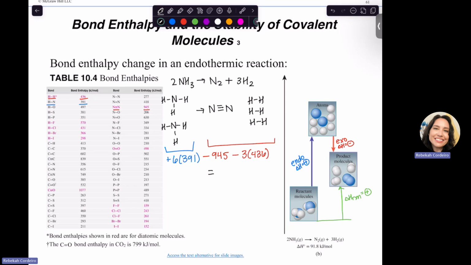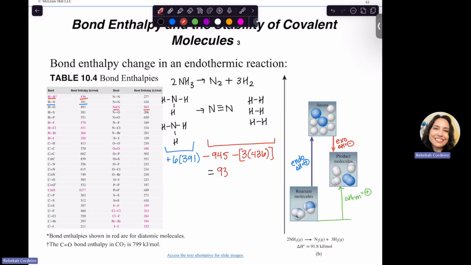So 6 times 391 minus 945 minus, and then I always put parentheses in my calculator when I'm doing anything that I think the calculator might get confused about. I know calculators generally do order of operations, but on a test, I just don't trust myself to type it in correctly. So I'll put parentheses around anything that I think I might need it for.